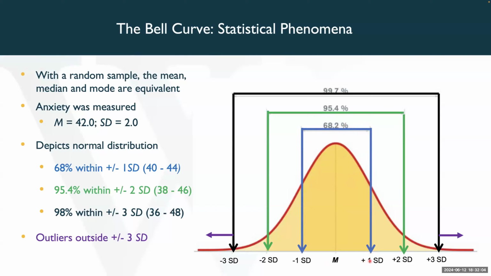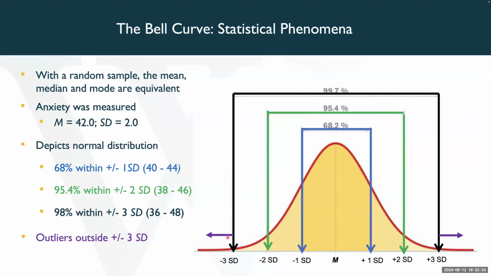But if we extended to 2 standard deviations, we're saying that 95% of the people that we sampled fall within 2 standard deviations. And then we're saying that the majority of everybody in any statistical phenomenon, almost 99.7% of everybody's score, will fall within plus or minus 3 standard deviations.